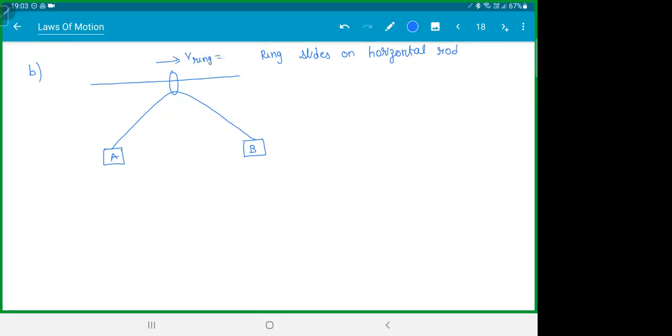So velocity of the ring is, let's say, 2 meter per second. This is 30. This is 60. And B is going with 3 meter per second. Find velocity at this instant. And here now, if you see the string is passing through the ring. It is not tied to the ring.